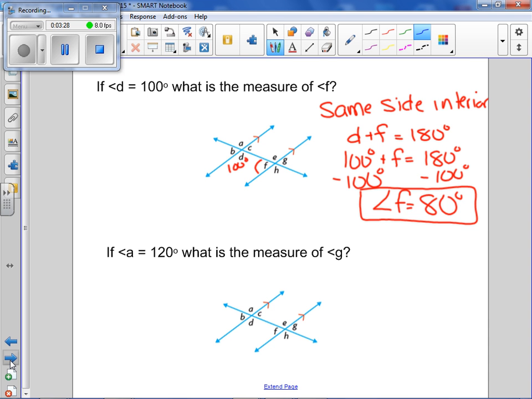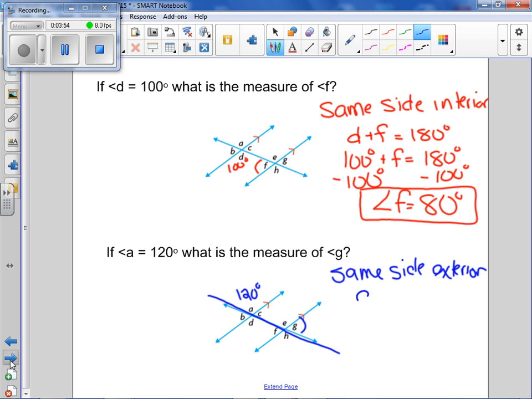Our next example, A is 120, that's an exterior angle. We have to find G, which is also an exterior angle, and they're on the same side of this transversal. So it's the same side exterior. But again, anything that's same side means they add to be 180.